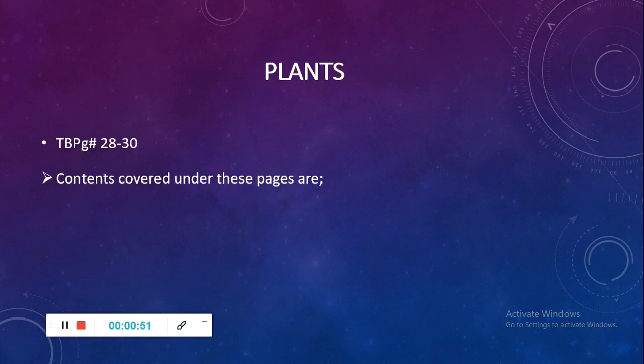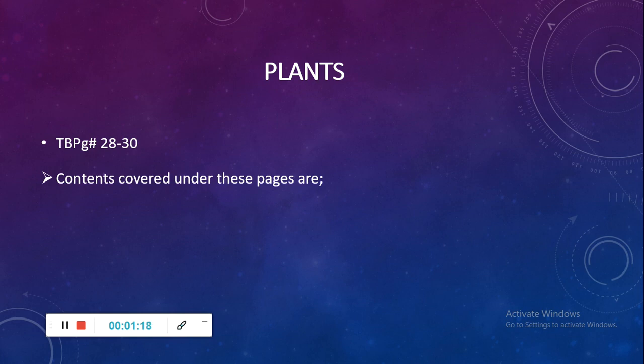Today we are just going to summarize what we have studied before, because we have studied about plants in the previous days, and I will summarize it in this video. This is your week task. You have to read textbook pages 28 to 30.